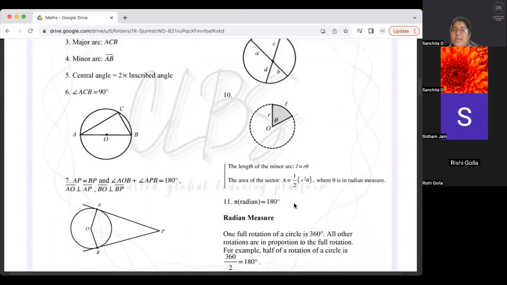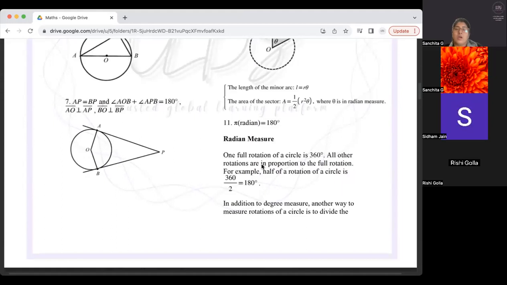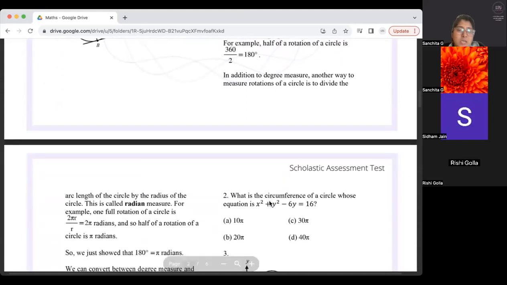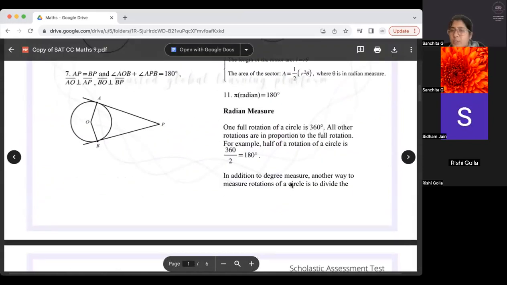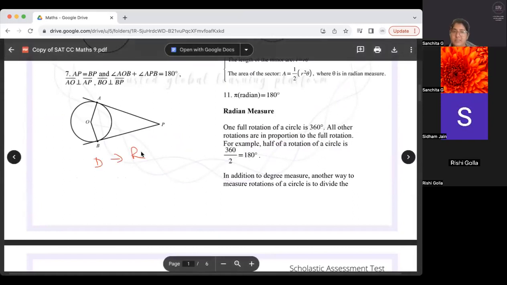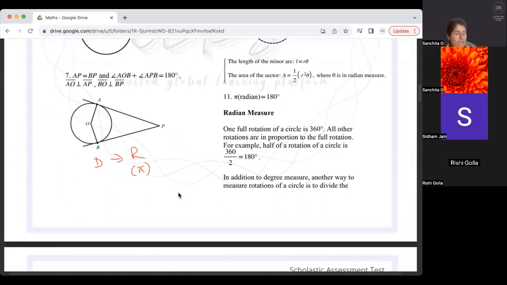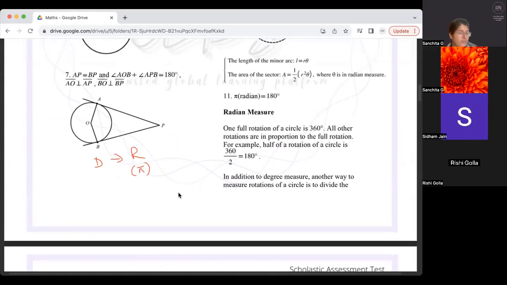And pi is nothing but 180 degrees. You must know this. Radian measure: sometimes you may be asked to convert from degrees to radians or radians to degrees. There is one very easy method that I personally follow. If I need my answer in pi, I need pi in the numerator, so I will take pi over 180.